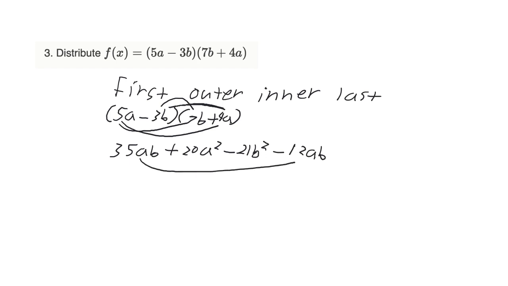So we have 35ab minus 12ab. These have the same expression on them, so they can be combined. So 35 minus 12 is 23. So 23ab plus 20a squared minus 21b squared. This is our function when we distribute it.